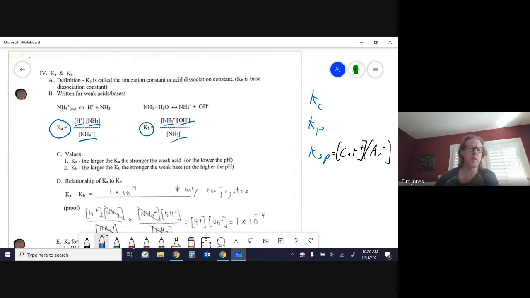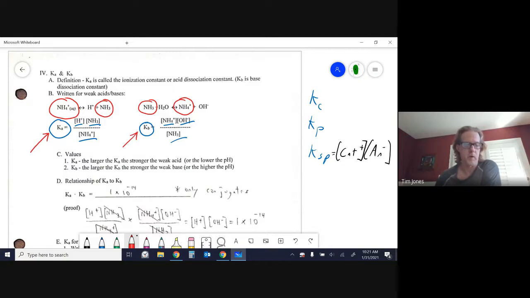Another thing that comes up is when do you use Ka and when do you use Kb? Because, for example, if you look at the system I'm looking at here, you'll see it's the same system of ammonium and ammonia. And over here we have ammonia and ammonium.